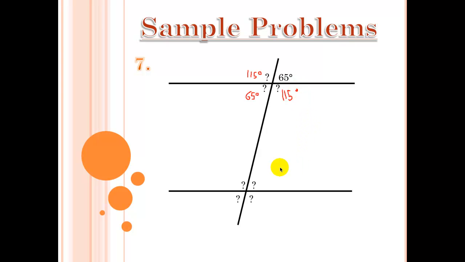Now, to solve this angle, you can either use the alternate angle theory using this angle, because this is the Z pattern, or you can use the co-interior angle theory, which is the C pattern. So we'll use the co-interior angle theory. So 180 minus 115 equals 65 degrees.